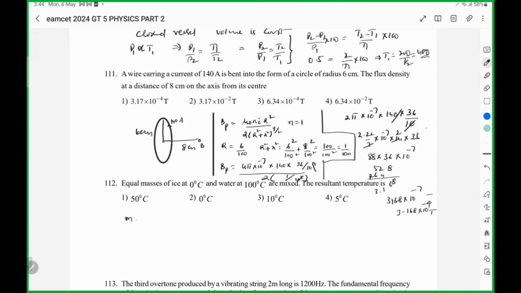So m grams of ice is mixed with 10 grams of water at 100 degrees centigrade. To melt ice, per 1 gram, 80 calories are required. By taking m into 80 calories, it will melt, but water is the hot body when compared with ice.